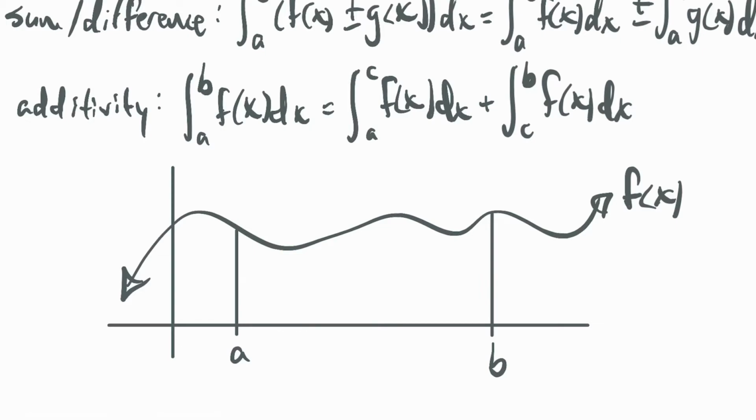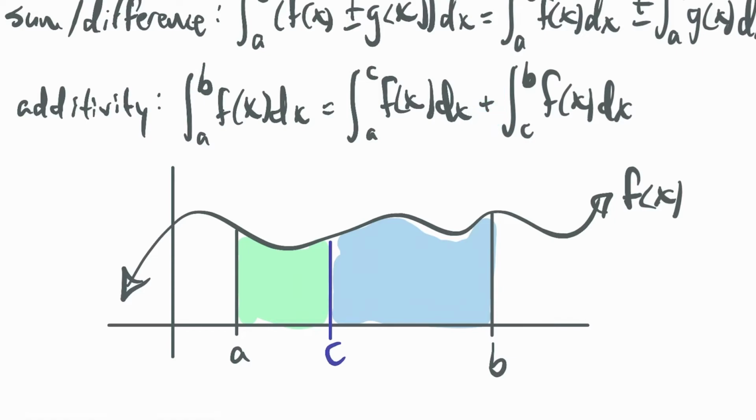If I pick some place c, and I want to work out the area from a to c, and then separately the area from c to b, and I add those two values together, I will get the total area. That's all this is saying: you can take an interval, chop it into two pieces, do them separately, and then add afterward, and you'll get the same result.